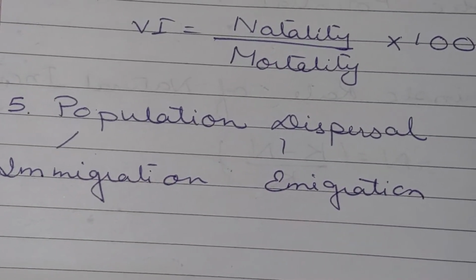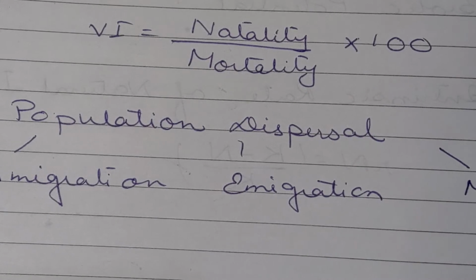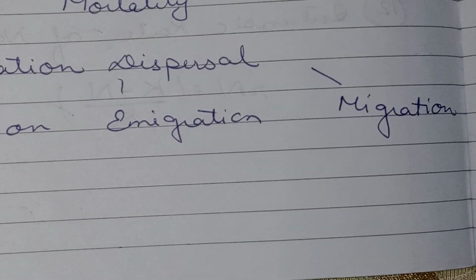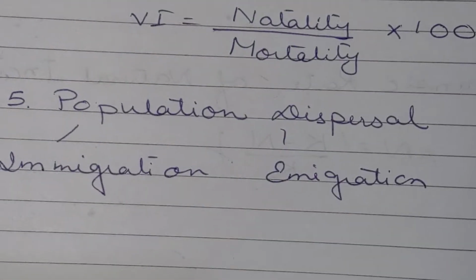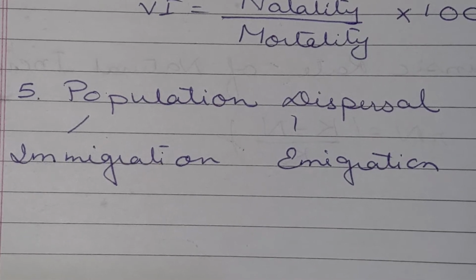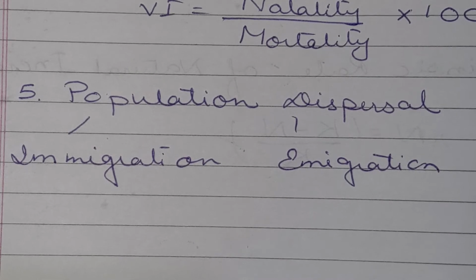Emigration means when individuals move out of a population. And migration means when individuals either enter or go out of the population, that is, the to and fro movement. So all these three factors are related to population dispersal.